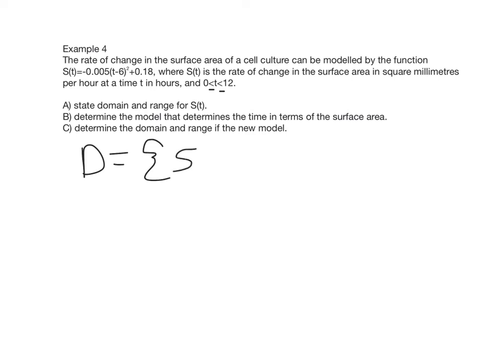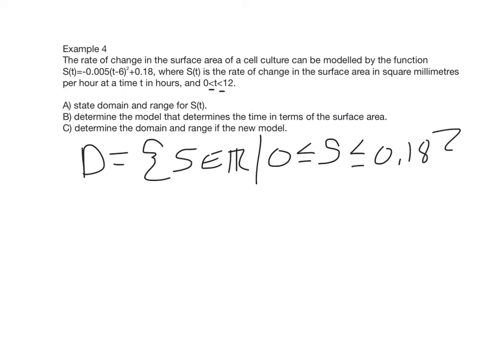So our surface area is an element of the real number systems, such that our lowest surface area is still going to be 0 square millimeters, and our maximum surface area is still going to be 0.18 square millimeters.